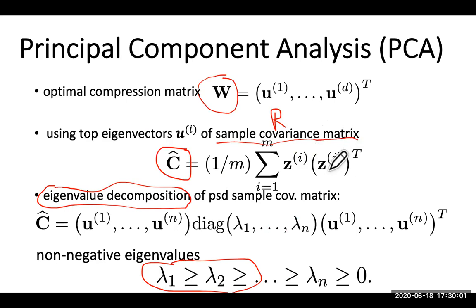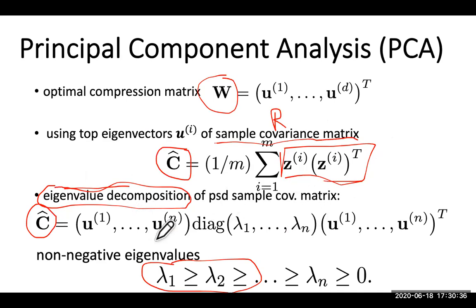So the sample covariance matrix represents the similarities between the different entries of the raw feature vector. And you can compute it using a sample average of this matrix product. Okay. So after you compute this sample covariance matrix, you compute the eigenvalue decomposition of it, which is guaranteed to exist because this matrix is a positive semi-definite matrix.